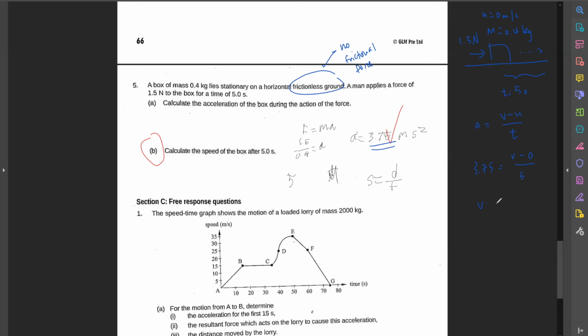Yeah. Then it is 3.75 plus 0 times 5. 18.75.